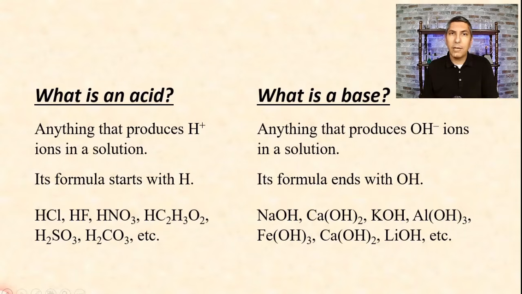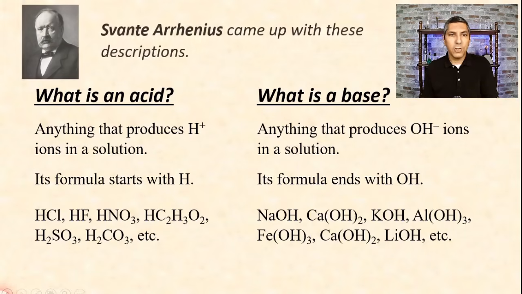Now, where did these definitions come from? Well, these definitions were first produced by the Swedish chemist Svante Arrhenius early in the 20th century. It's interesting that people had known about acids and bases for thousands of years. Acids and bases have been used by civilizations and cultures a long time ago.